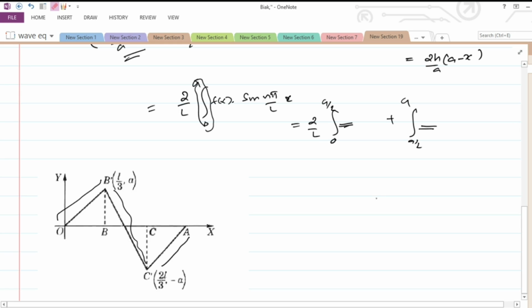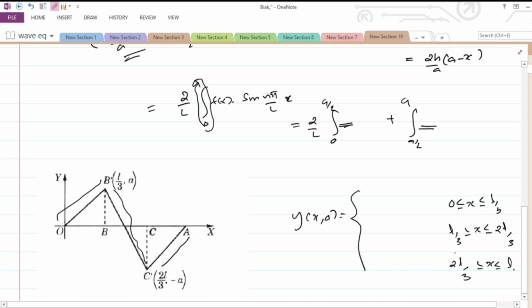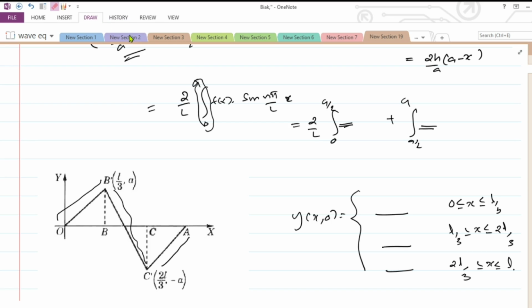You can convert y of x, 0 into three parts: one from 0 to L by 3, then L by 3 to 2L by 3, and 2L by 3 to L. You can find all these functions by using the equation of line, that is, the function for this particular line, and again this line, and again this one.